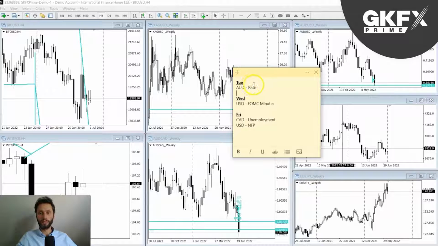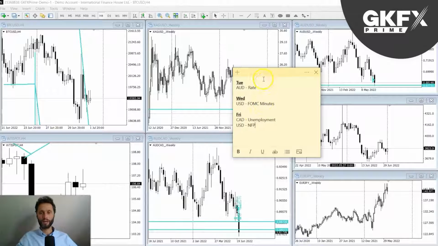So that will be a major piece of news to pay attention to. On Wednesday we've got FOMC minutes, another big one on the dollar, so that will relate to the dollar pairs. And on Friday we've got unemployment change on the CAD, and that will be in line with CAD pairs, and of course NFP, because first week of the month, NFP week, so that will be a big one to look out for as well.